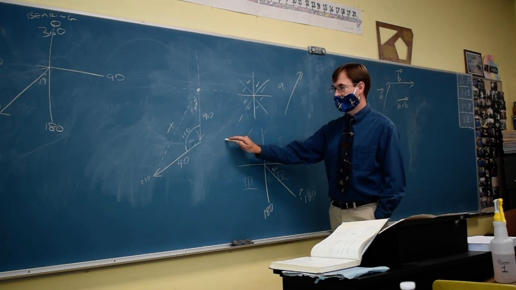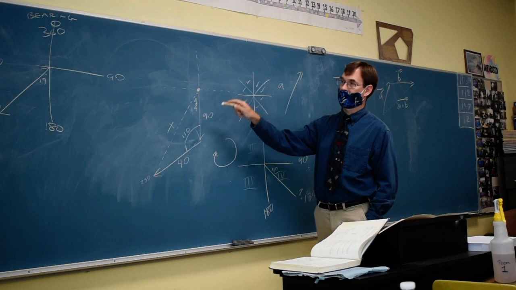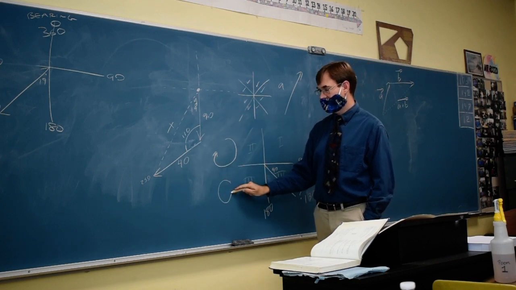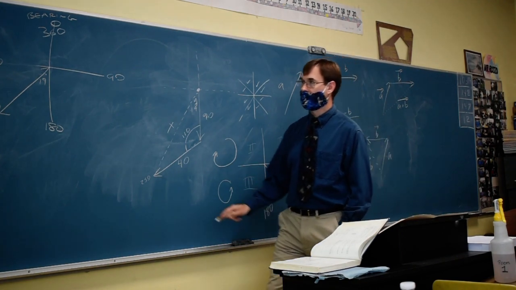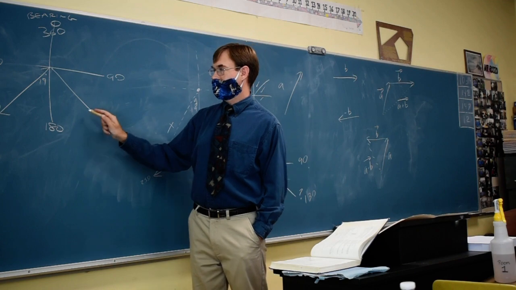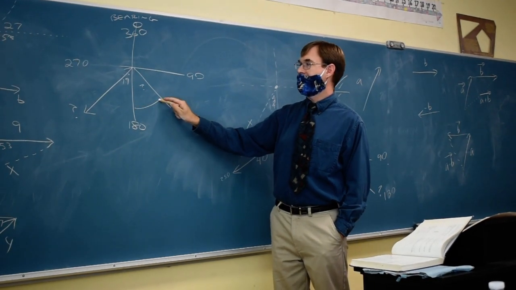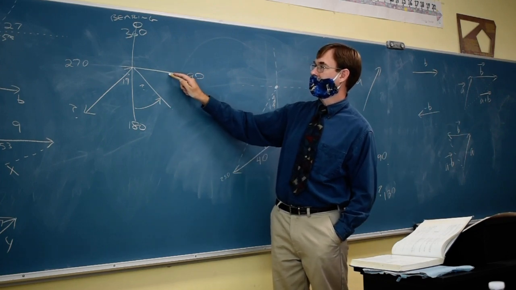Basically, if you're moving in this direction, things are getting bigger, so add. And if for some reason you're moving in that direction, things are getting smaller, so you subtract. So, if I give you this number, you're moving away from a known 180, getting smaller, so subtract.